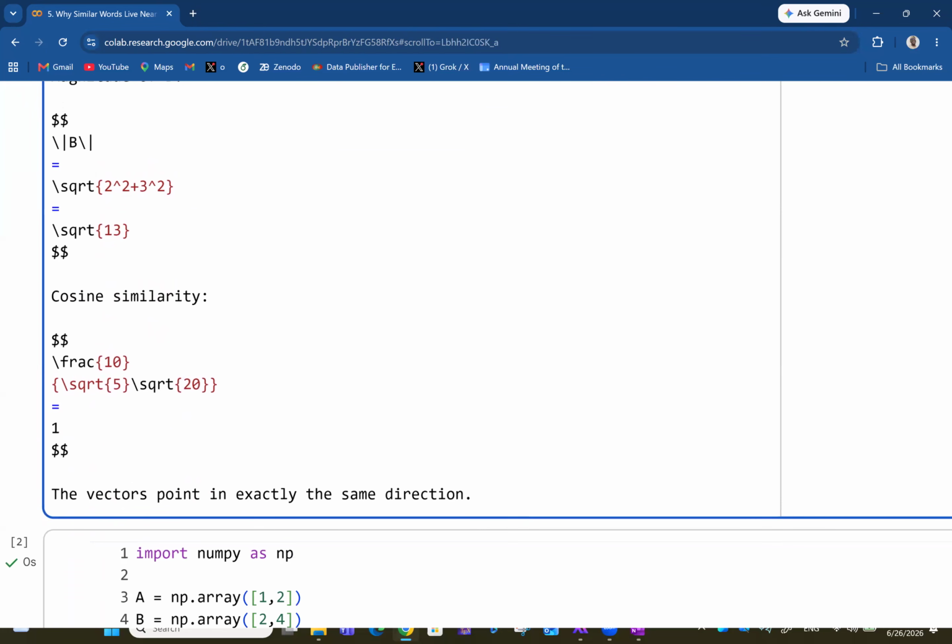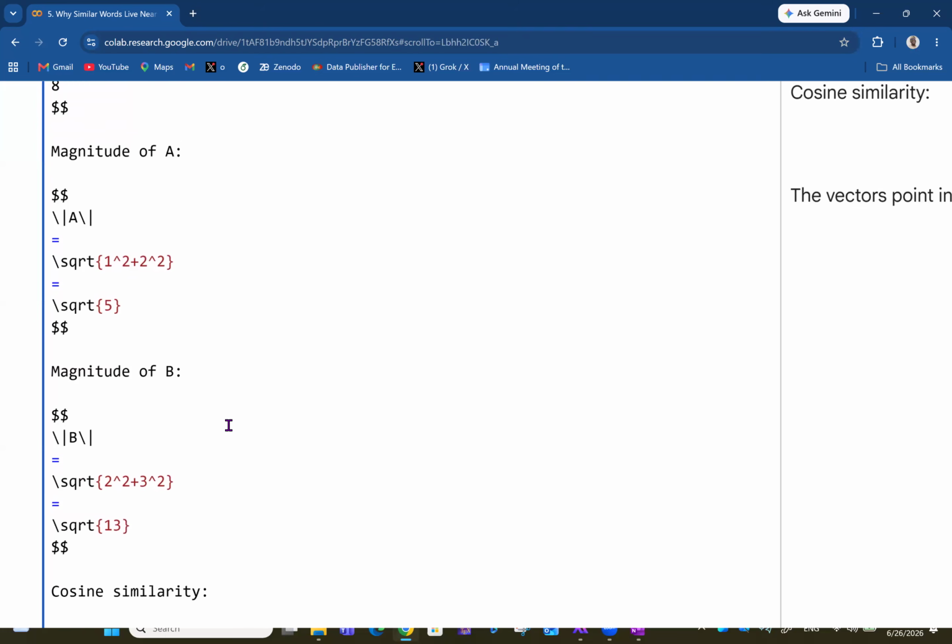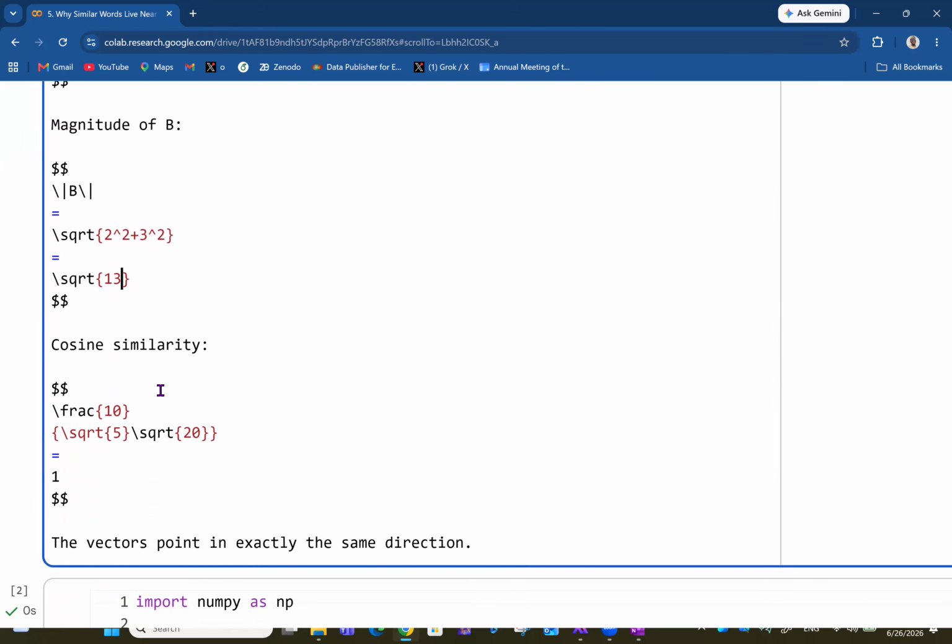Then we have 8 over root 5 multiplied by root 13. So the answer will have to change. That's 8 over root 65, 8 over the square root of 65. The square root of 65 is almost 8 too, interestingly.